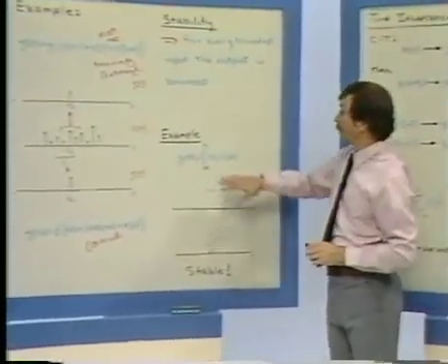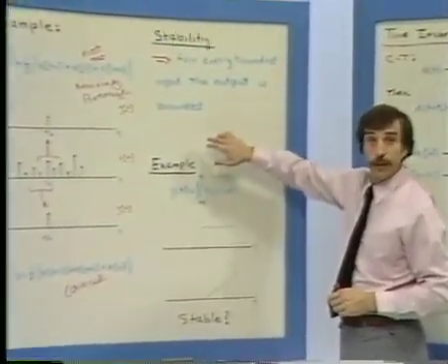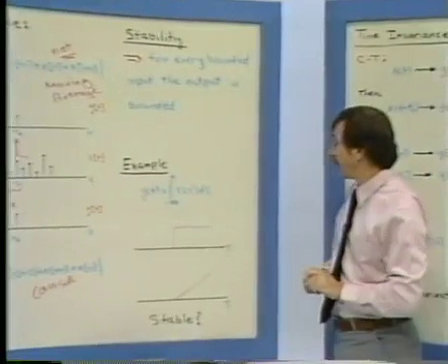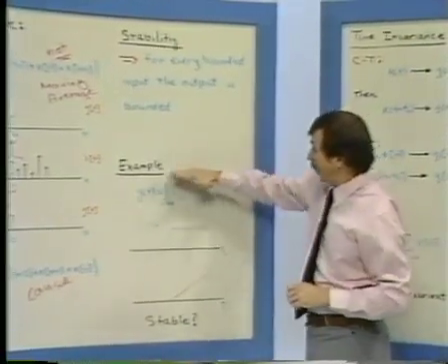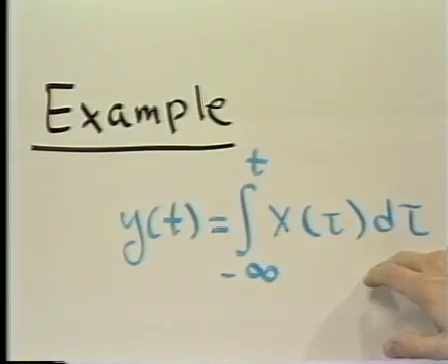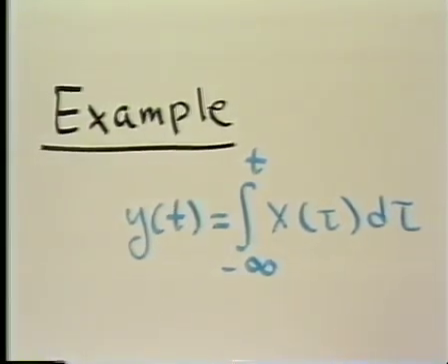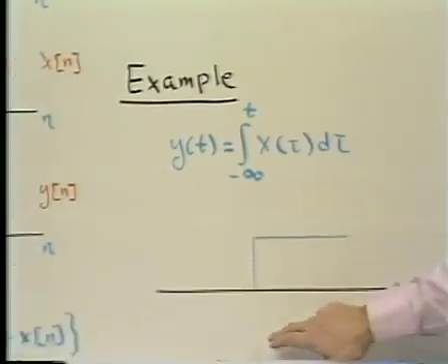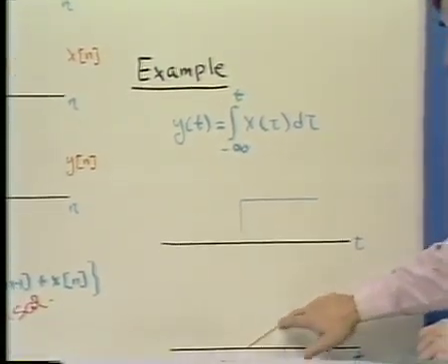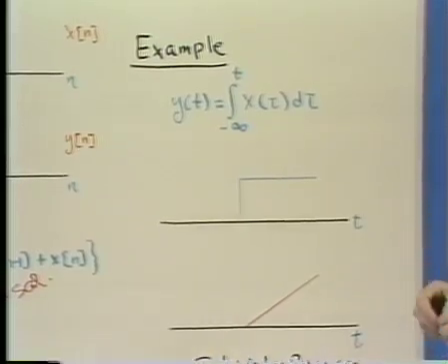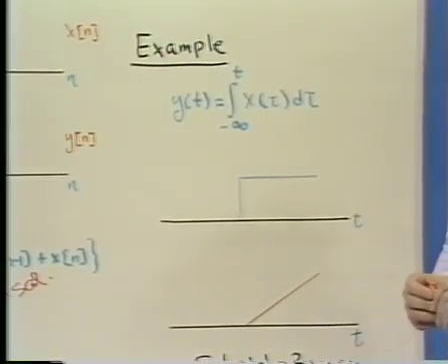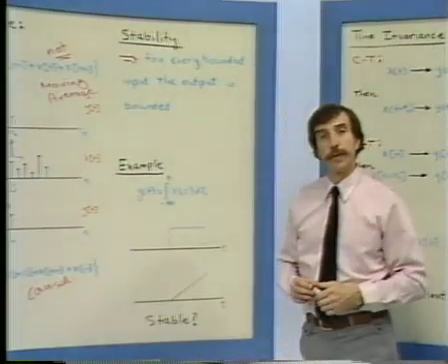I have here, again, the example of an integrator. As I indicate here, if we have an integrator and we put a step signal into it, the output is what's referred to as a ramp signal. It linearly increases. Now, a question: is the ramp unbounded?